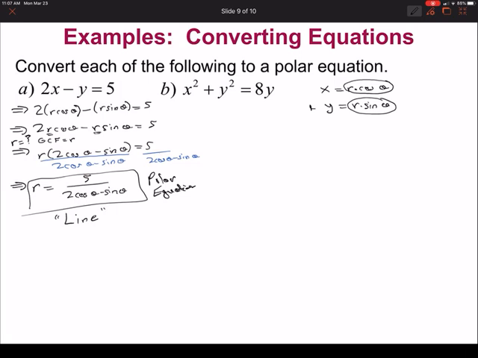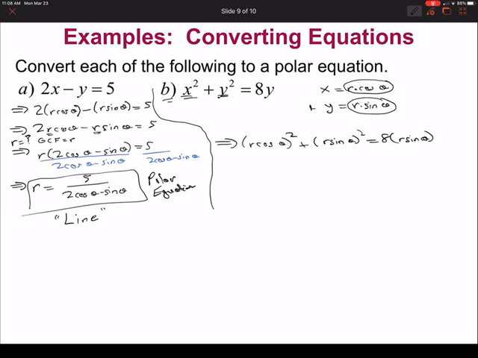All right, let's look at an example of a circle. So this next rectangular equation is the equation of a circle, example B. Well, let's go ahead and convert it. So with that said, x squared, well, we know x is r cosine theta. So (r cosine theta) squared plus y squared, that's (r sine theta) squared, equal 8 times y, that's 8 times r sine theta.